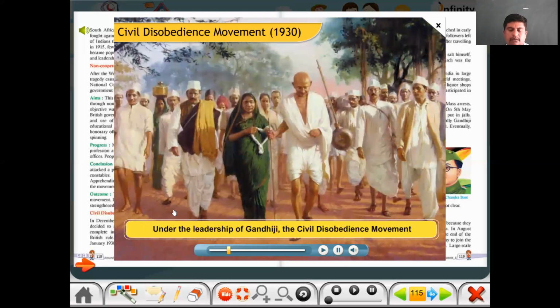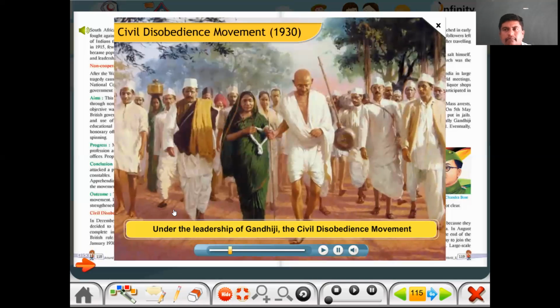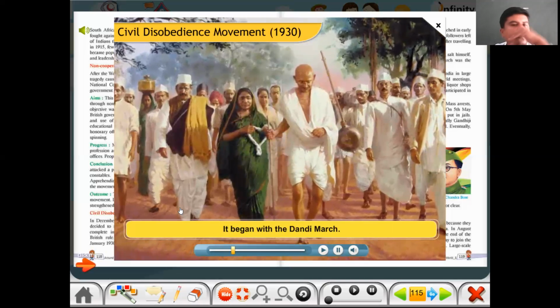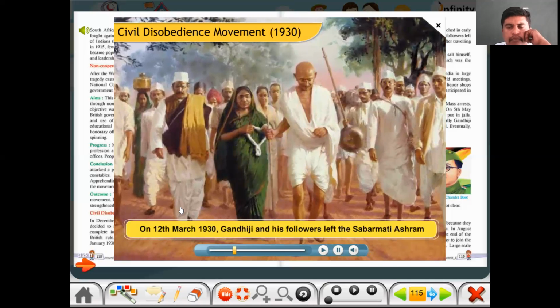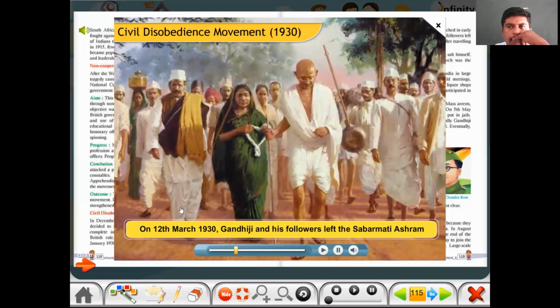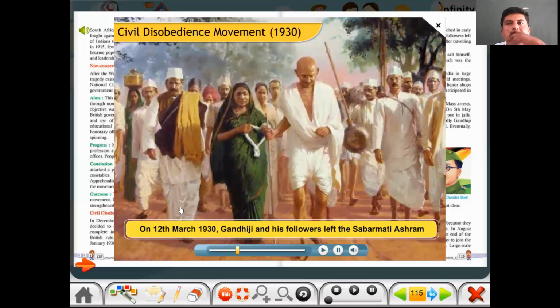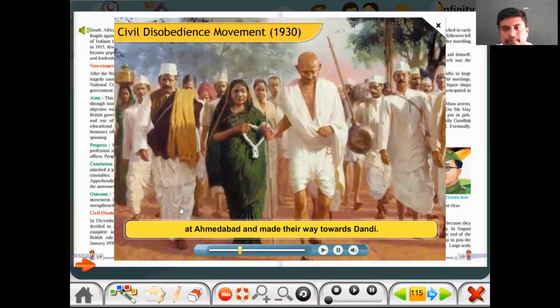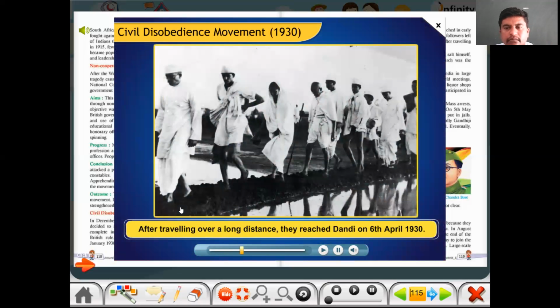Under the leadership of Gandhiji, the Civil Disobedience Movement was launched in early 1930. It began with the Dandi March. On 12th March 1930, Gandhiji and his followers left the Sabarmati Ashram at Ahmedabad and made their way towards Dandi. After traveling a long distance, they reached Dandi on 6 April 1930.